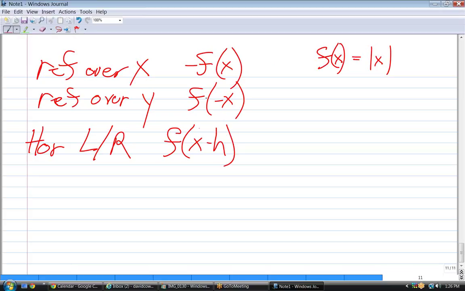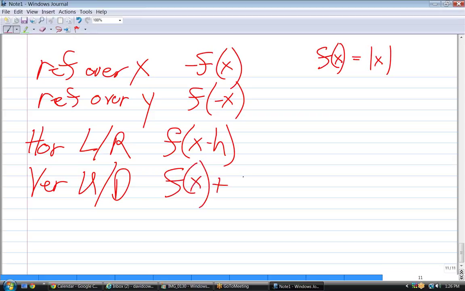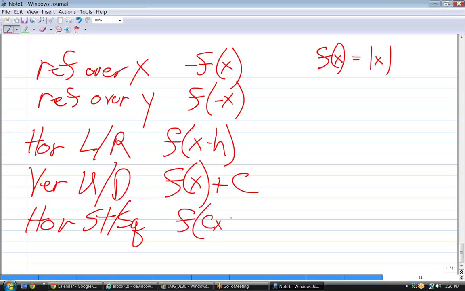And if you don't understand this yet, don't feel bad. I'll explain each one of these. There is vertical, up or down, and you get that by f of x plus some number. There is horizontal, stretch or squeeze, and you get that by multiplying the inside by some number.